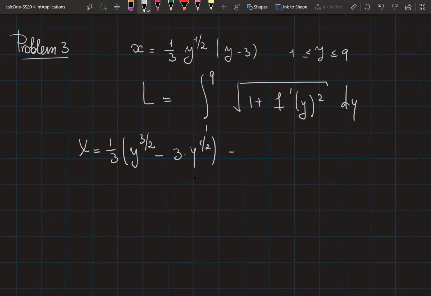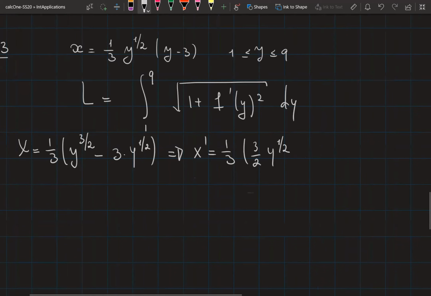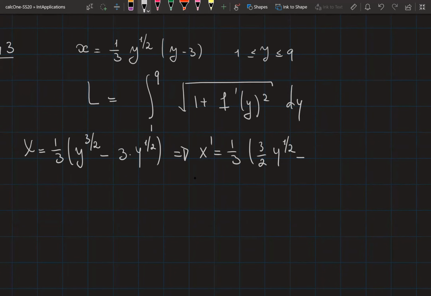Now we can take its derivative. The derivative is going to be 1 over 3 times 3 over 2 times y in the power of 1 over 2, minus 3 over 2 times y in the power of minus 1 over 2, right?